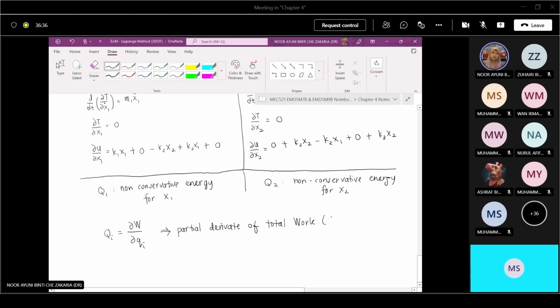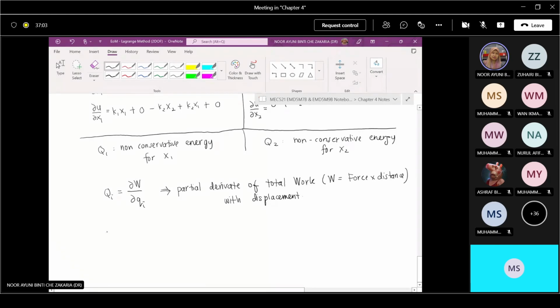So remember, the basic equation of work is force times distance. So the partial derivative of total work with displacement. The work must equal the given force minus the lost energy.